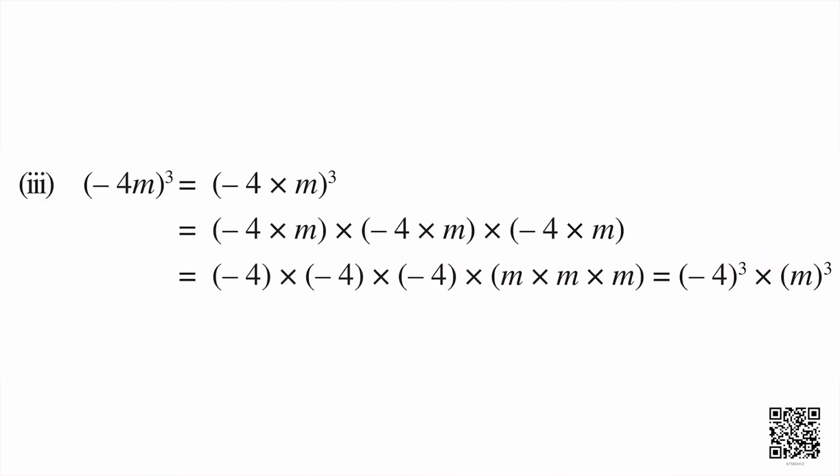Similarly, the third question is (minus 4m) to the power 3. We simplify this into minus 4 multiplied 3 times, whole into m multiplied 3 times, which gives us the answer minus 4 to the power 3 multiplied by m to the power 3. This is the answer, students.